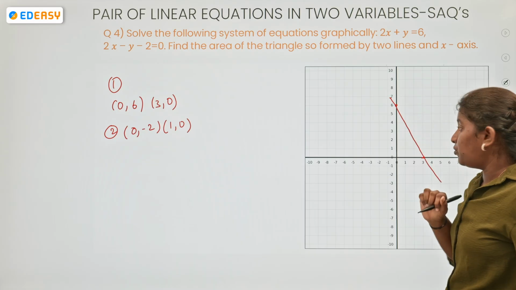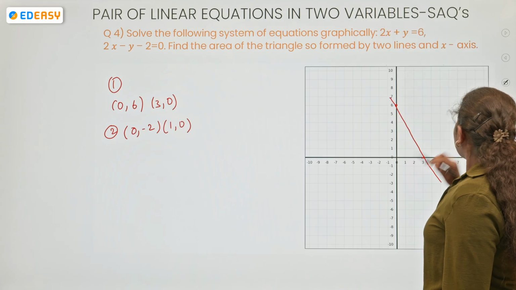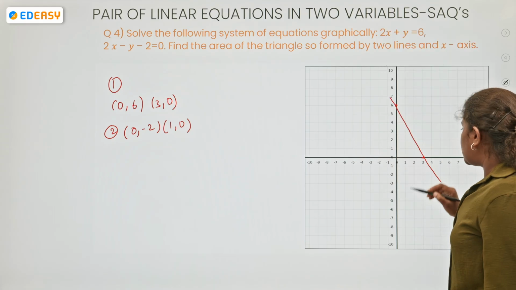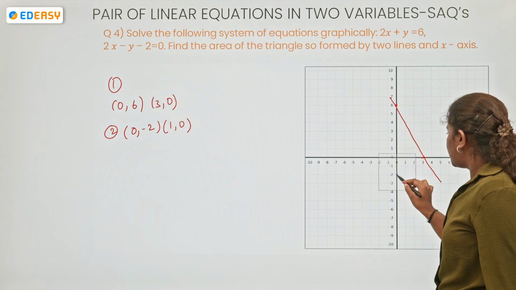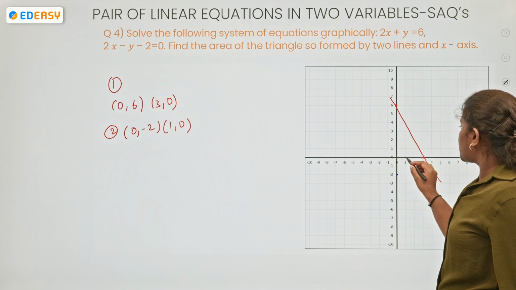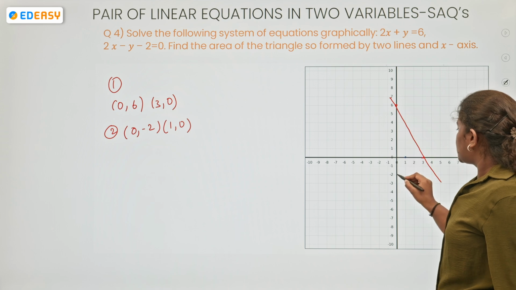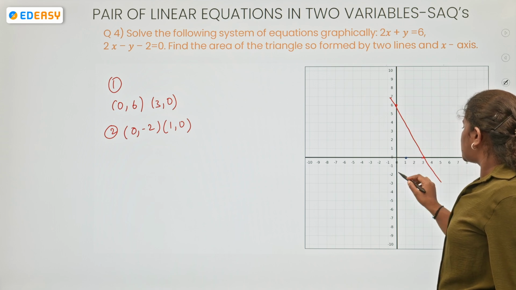Next, let's plot the graph for the second one, where 0 comma minus 2 is here. And next, 1 comma 0 is here. Clear? So 0 comma minus 2 and 1 comma 0.